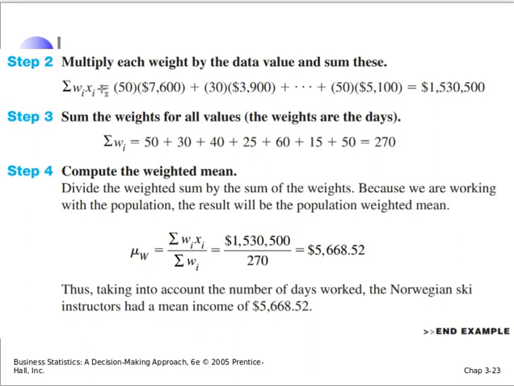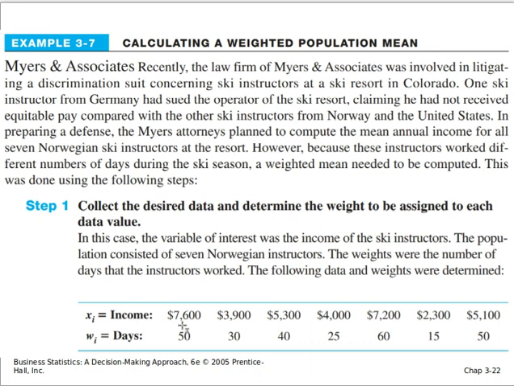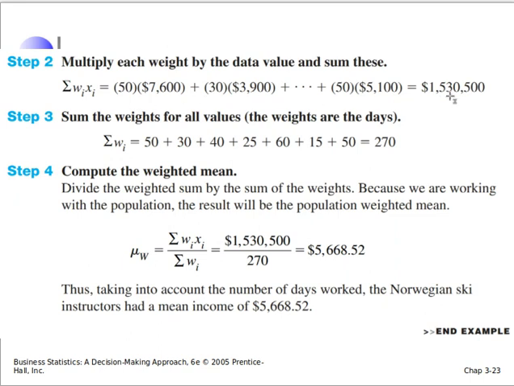Like this. 50, now multiply these, then add their products. Add the products, that is step 2. The total is $1,530,500.